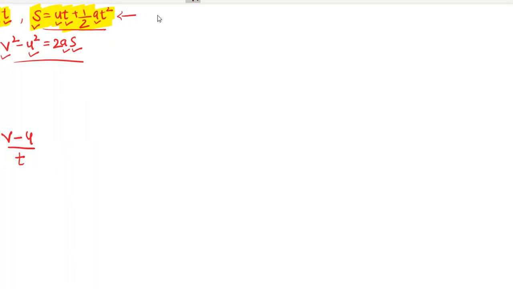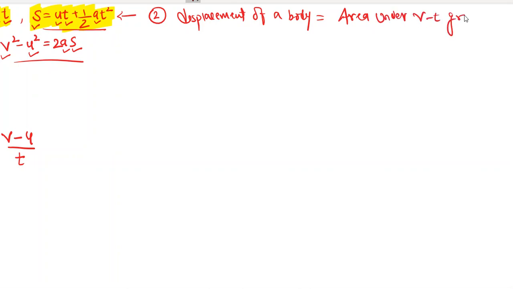So I will start by writing: displacement of a body is equal to area under the velocity time graph, which is equal to area of trapezium OABP. I hope you have the figure in front of you.